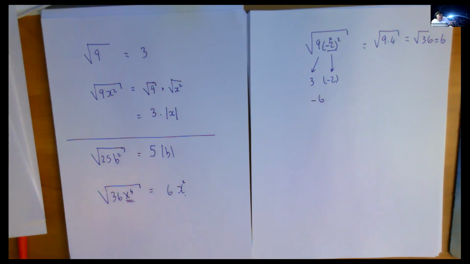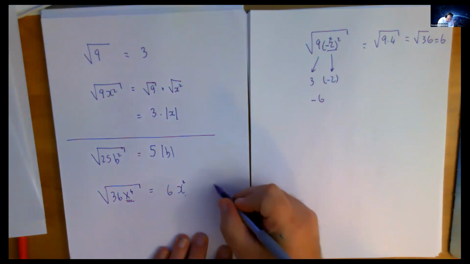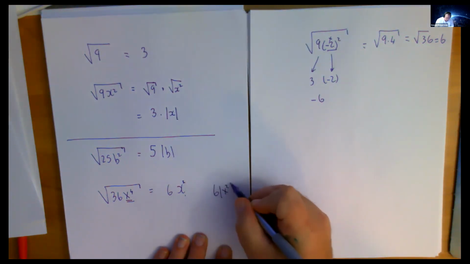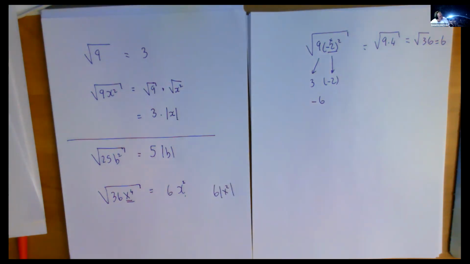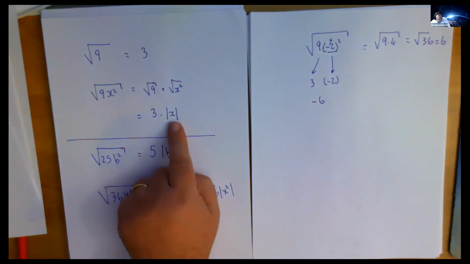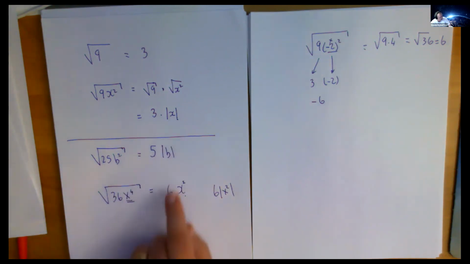Now you might say that's going to be a bit messy. Well, yeah, it will be, because if you type that into WebAssign, they might kick you out and say it's wrong, because you gave it something it didn't need. So it's just a little rule you've got to get used to: you stick absolute value around those terms that need them, and you don't bother with it when they don't need it.